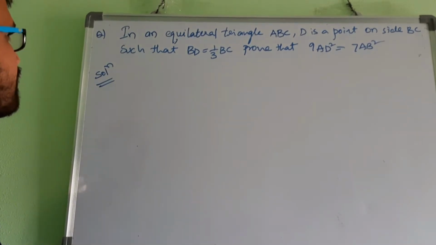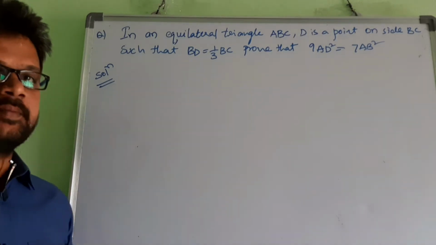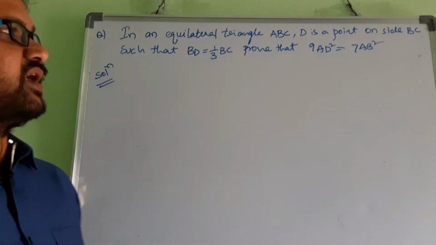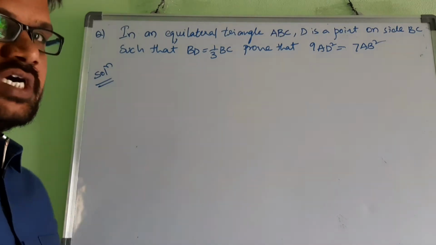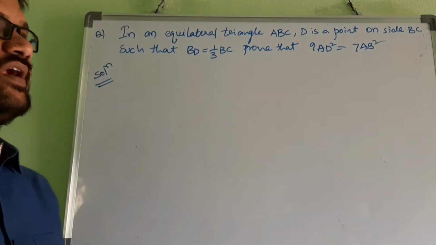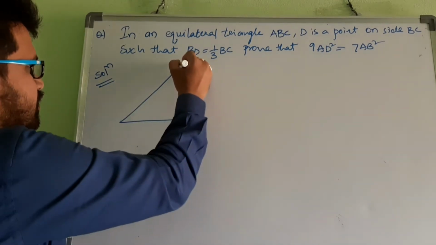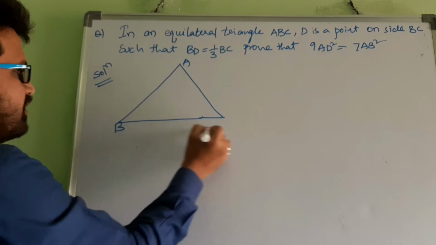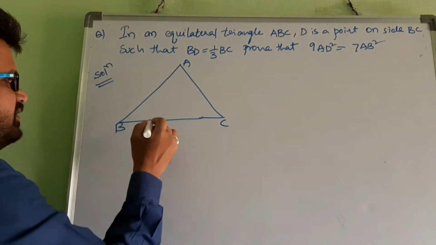Next sum. In an equilateral triangle ABC, D is a point on side BC such that BD is equal to 1 by 3 BC. Prove that 9 AD square is equal to 7 AB square. First you have to understand the question. Given an equilateral triangle ABC, and D is a point on side BC.